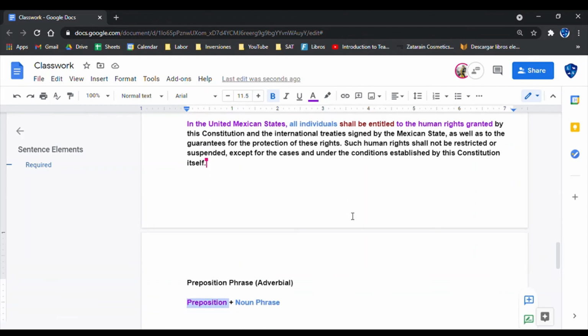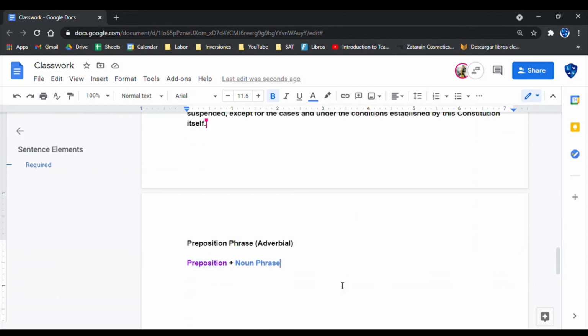Okay? Questions before we go? So when it starts with a preposition, it's a prepositional phrase, and that means it's an adverbial, right? Exactly. The next noun after the preposition is part of the prepositional phrase.